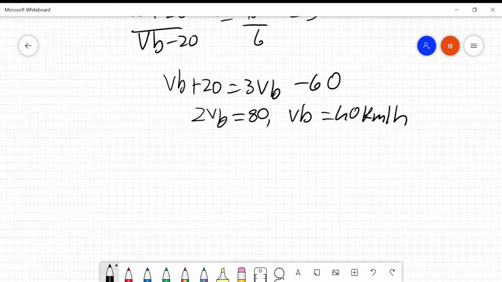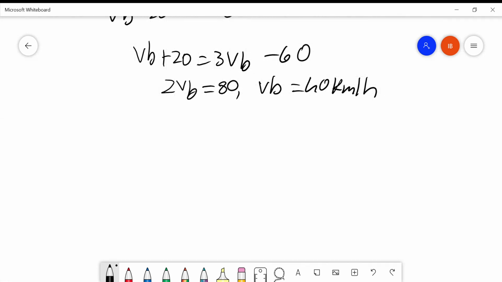Okay, so we got the value of VB. Now, we can substitute the value of VB in the equations.